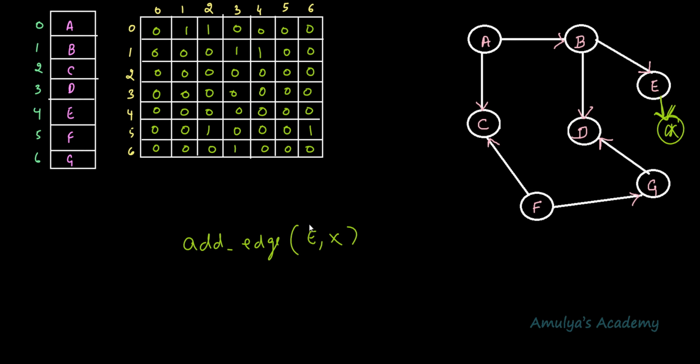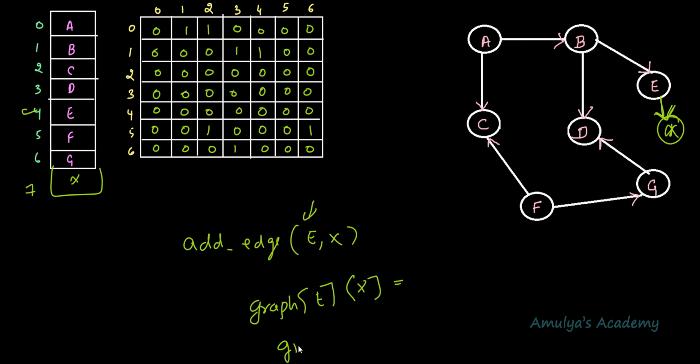So what we need to do at that time, we need to change here in the adjacency matrix graph of E and X. Here there is an edge from E to X, there is no edge from X to E. I explained about this in the previous tutorial, and to change this, first we need to get the index from here. So E is 4, X is 7.